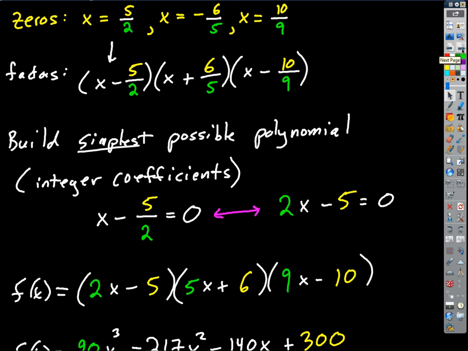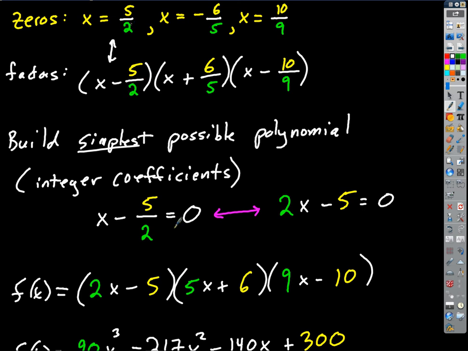So if I start with the zeros, I could subtract those from x to build the factors, right? Everybody agree? Now, what if I'm trying to build the simplest possible polynomial, one that has integer coefficients? Well, x minus 5 halves is equal to 0 when x equals 5 halves. That's the relationship there, right? We've got kind of a two-way arrow. We can always make the connection between this factor and that zero.